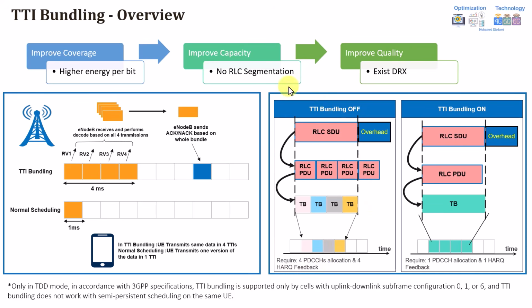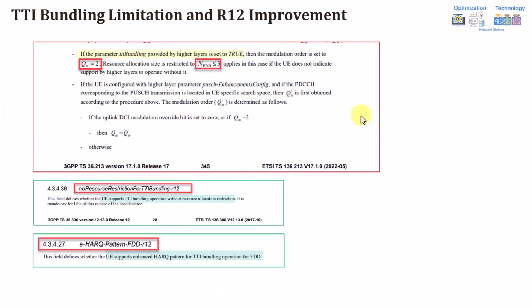Now let's move forward to see how you can verify the TTI bundling from the UE logs, and secondly, what is meant by advanced TTI bundling. Before that, I would like to recall one point.